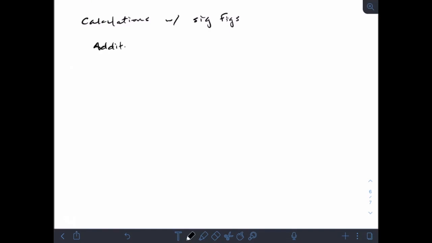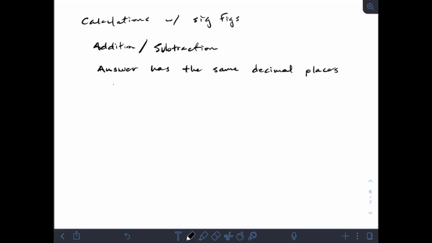So we'll start with the addition-subtraction. And the rule says that the answer has the same decimal places as the fewest decimal places in the problem.